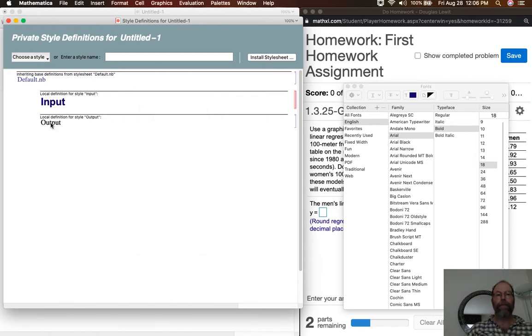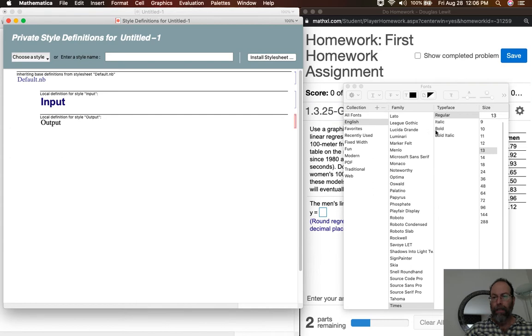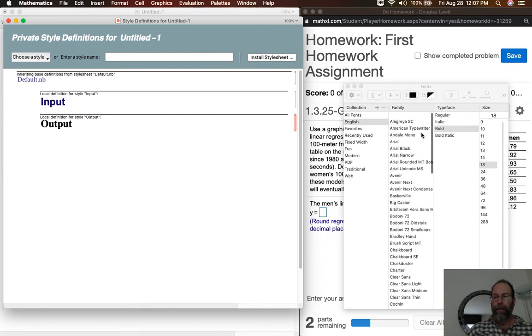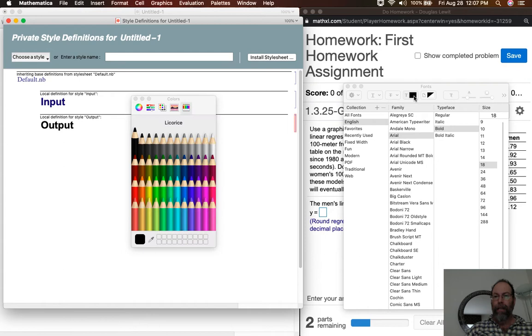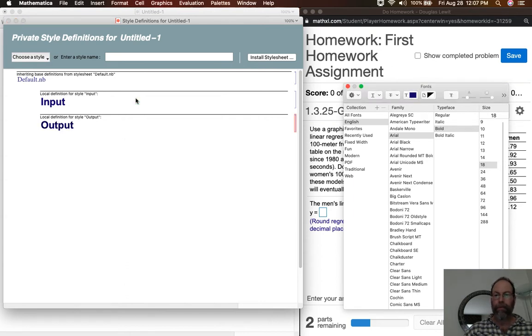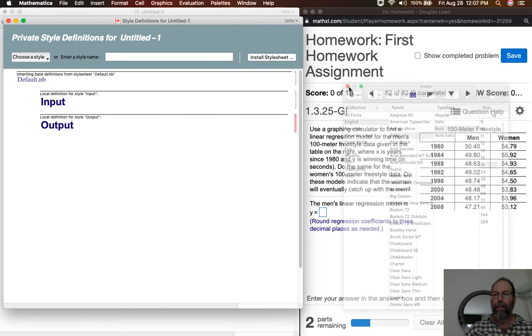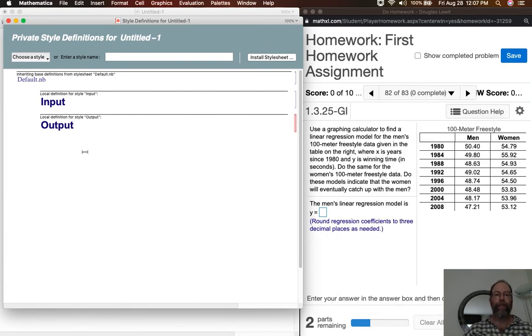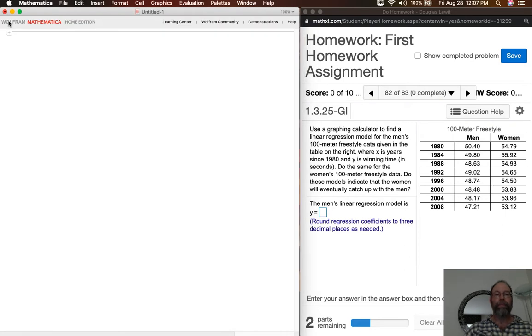Let's do the same thing with the output. Let's make that bold. Font 18, I think that's 18 pixels, right? 18 pixels, and make it Arial. And we could make that midnight blue as well, the same thing. Okay, that looks good. And then just close it.